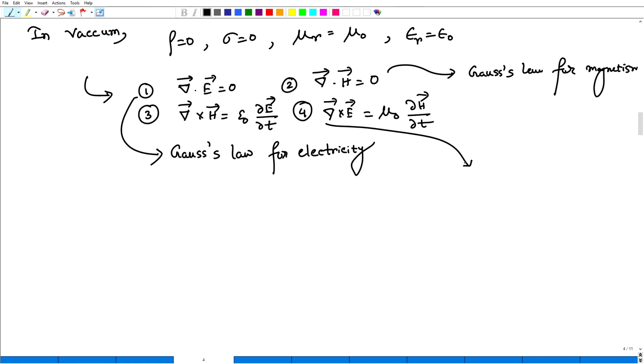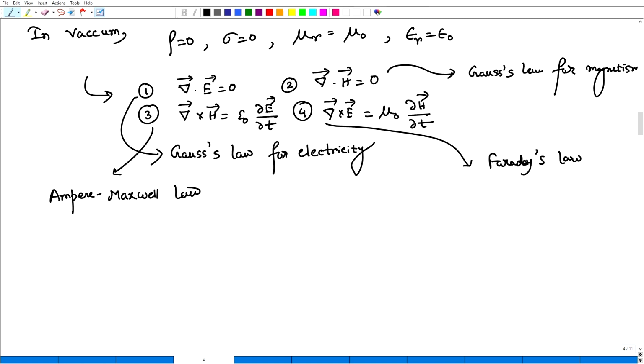This fourth one is Faraday's law. And this is Ampere-Maxwell. So, essentially there are 4 laws. So, these 4 Maxwell's equations are valid for vacuum.